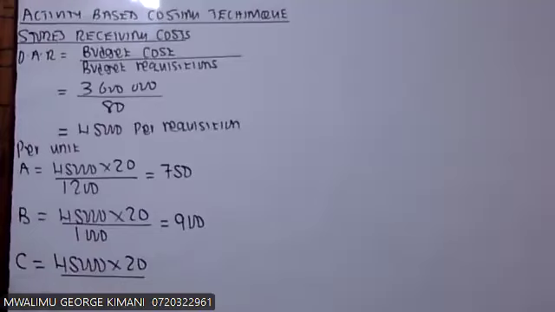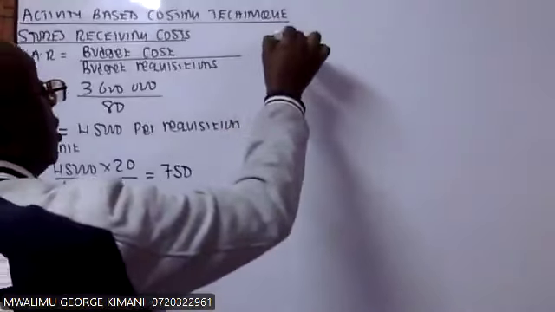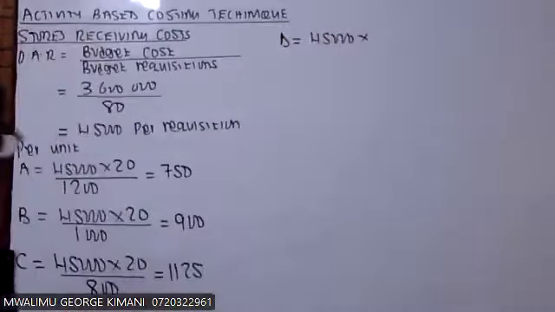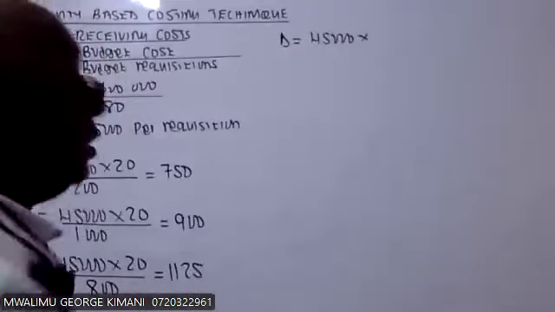You divide this by 800. $1,125. We go to D. It is 45,000 times 20.